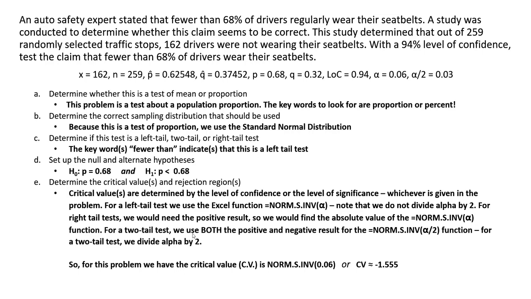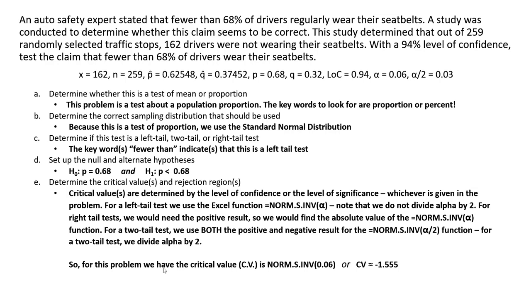And a two-tailed test would give us 2 critical values, and I know I haven't explained what critical values are yet, but we would use both the positive and the negative result of the NORM.S.INV of alpha over 2. And note, for a two-tailed test, we do divide alpha by 2.